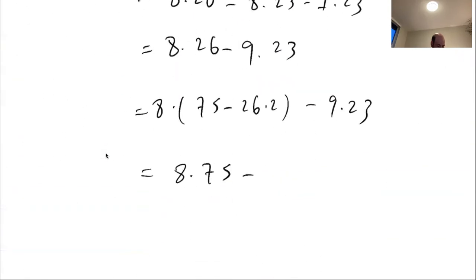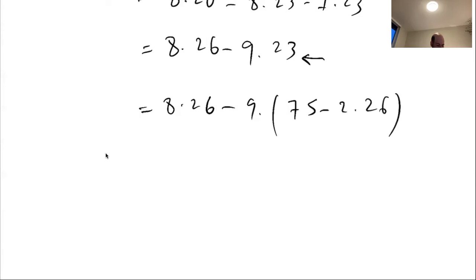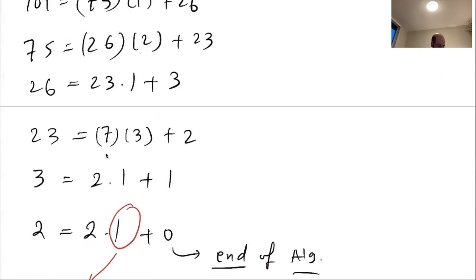So 23 is here. I have to replace this guy with... So 8 times 26 minus 9 times 23 could be written as 75 minus 2 times 26. Is that okay this time?